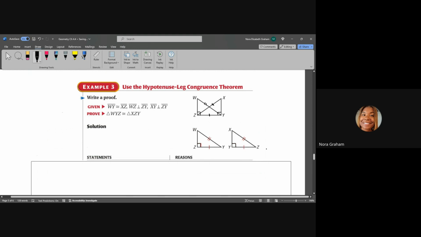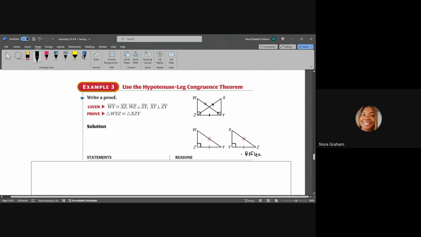They're like the same segment. So that's going to be reflexive. Just note that down so we know we're going to use that. Reflexive.